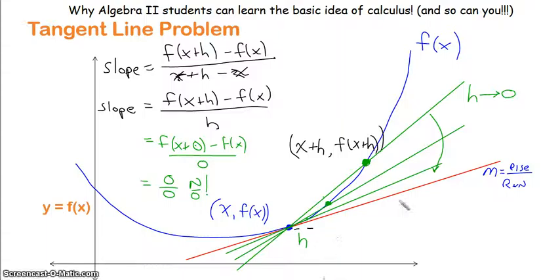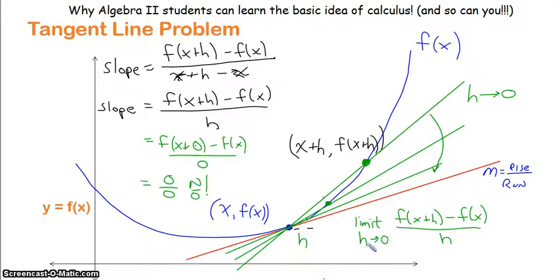Calculus says, well, don't set it equal. Say it approaches it. So instead, we'll say f of x plus h minus f of x all over h. Now, again, don't forget, that's our slope equation from Algebra 1. But now we're going to say what happens as we get really close to, and I'll say the limit as h gets tiny.